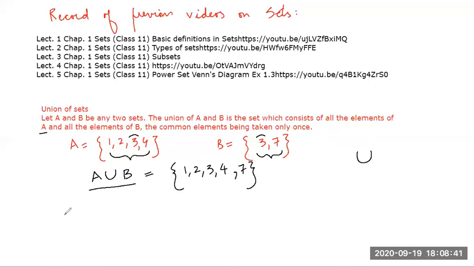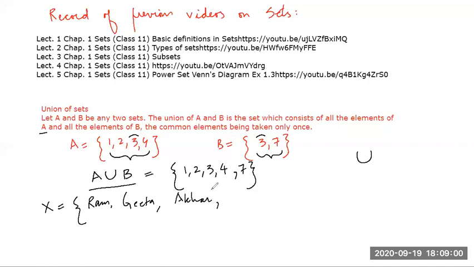In order to get the physical meaning of the union of sets, students, let X be a set of 3 students: Ram, Geeta and Akbar.